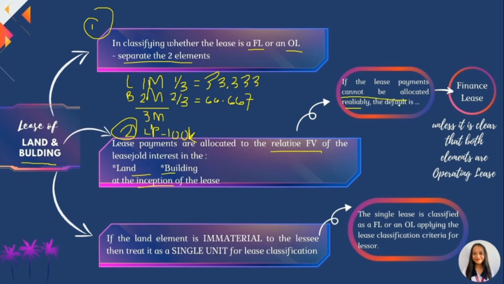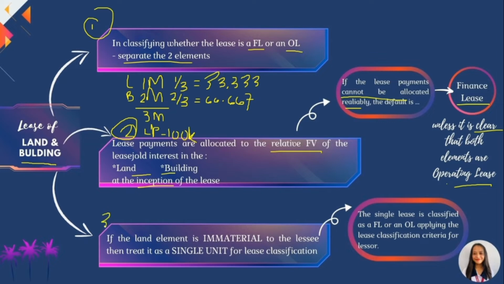So, by default, its classification is a finance lease, unless it is clear that both the elements are operating leases. So, if it is clearly an operating lease at the inception of the lease, then we classify it as an operating lease. But if not, we use finance lease if the lease payment cannot be allocated reliably.